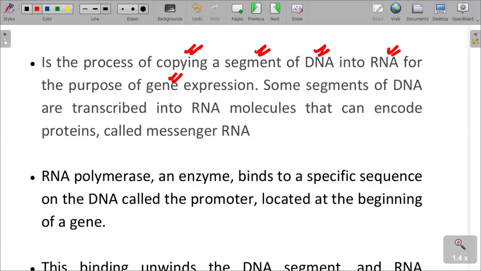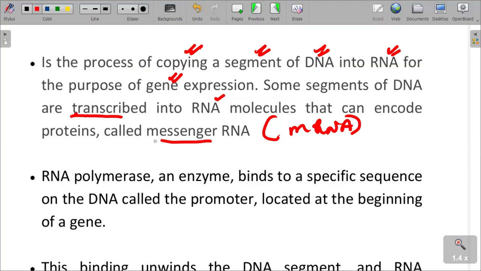So some segments of DNA are transcribed into RNA molecules that can encode for protein, called mRNA, or messenger RNA, which stands for messenger RNA.